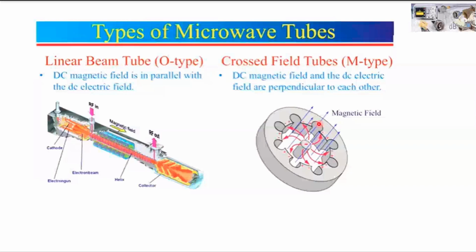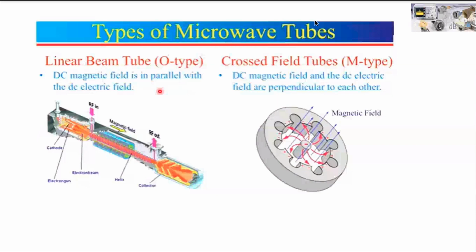So basically, in the case of linear beam type devices, the DC magnetic field you have seen is in parallel with your electric field. In this type of tube, electrons are injected from the cathode and they get potential energy from the DC beam voltage.